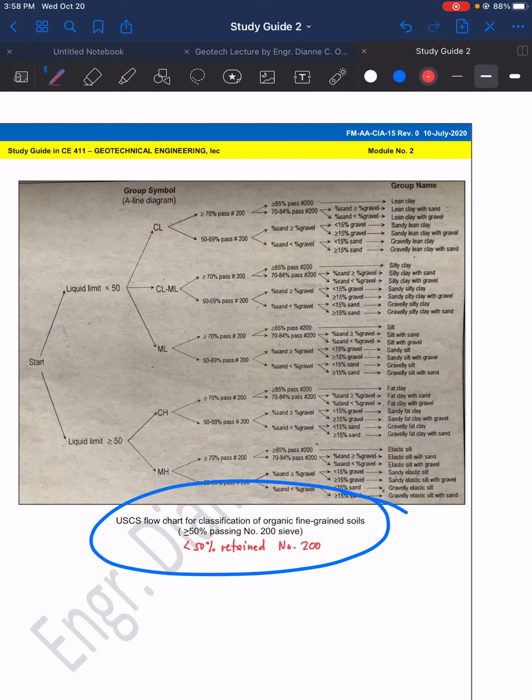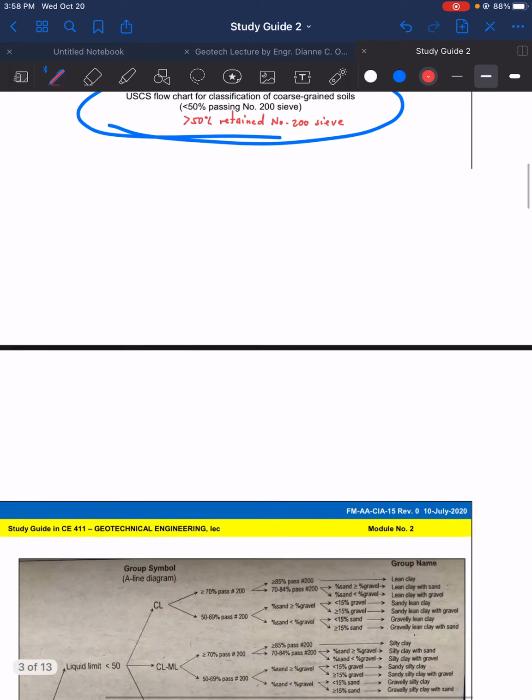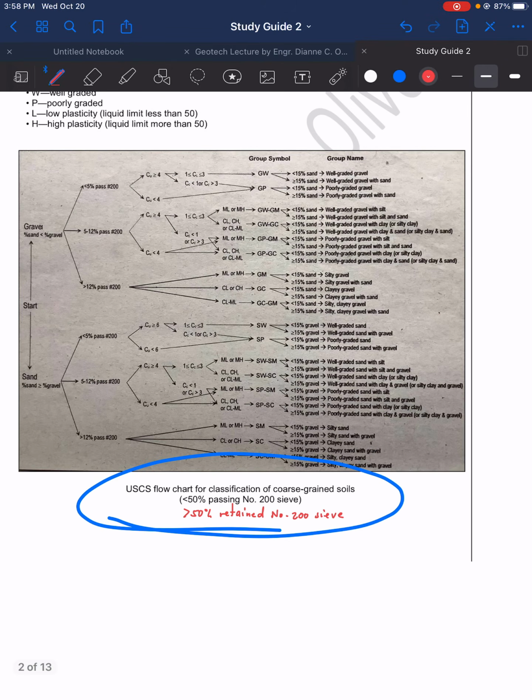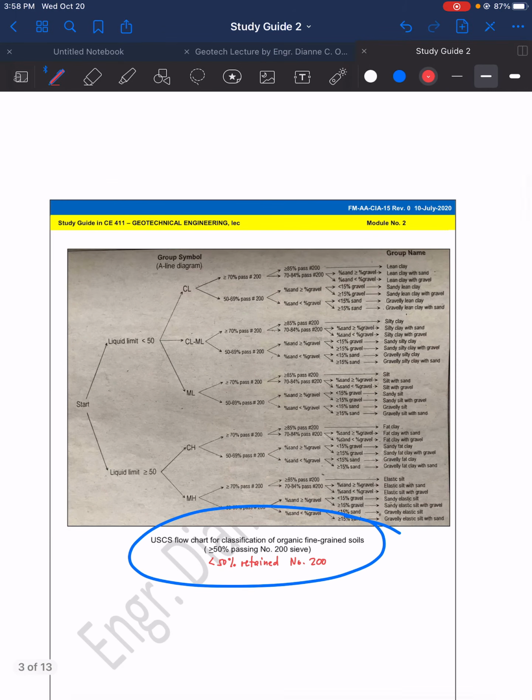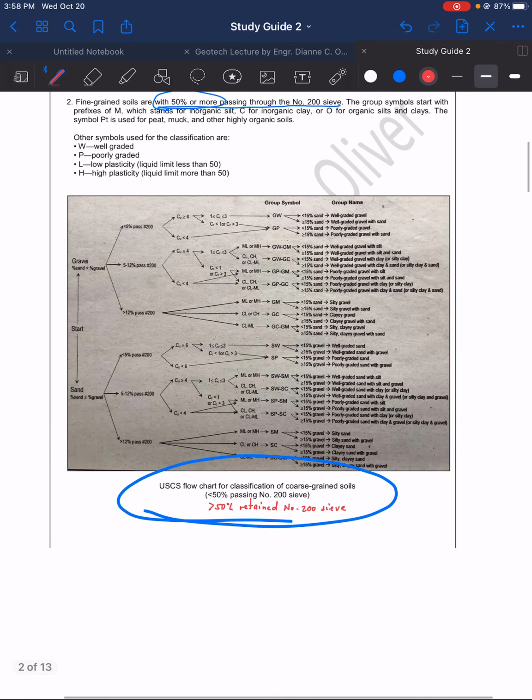Let me show you how these two flow charts will be used later on. So this is one of the ways we can classify soil using USCS.